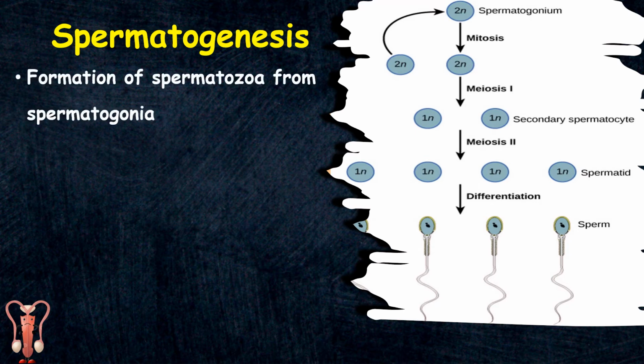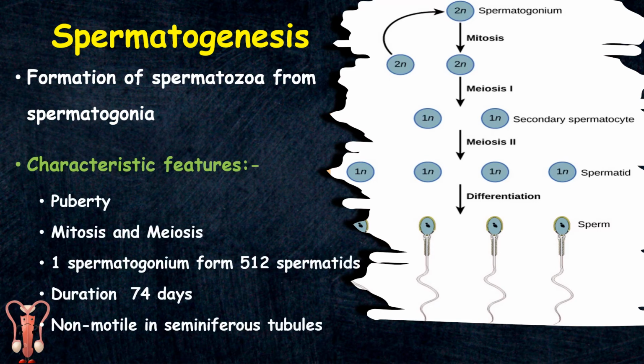Spermatogenesis is the process of formation of spermatozoa from the spermatogonia, which are primitive germ cells. The characteristic features of spermatogenesis: it begins at puberty and continues throughout adult life, declining in mid to old age.